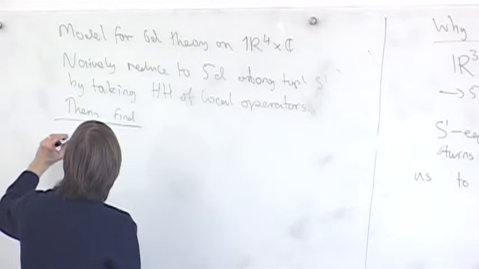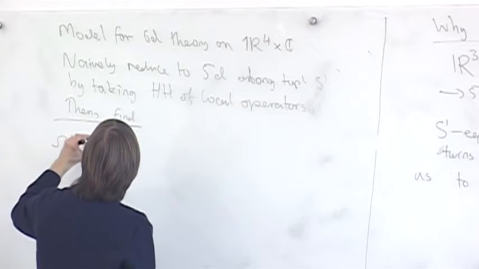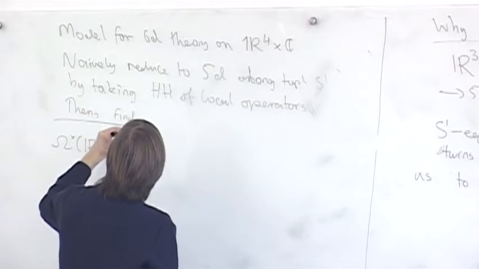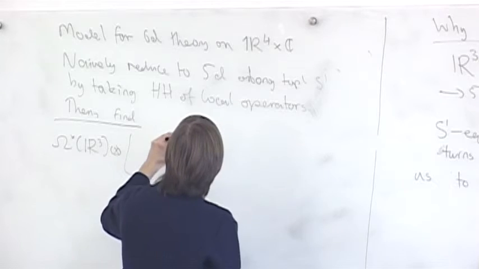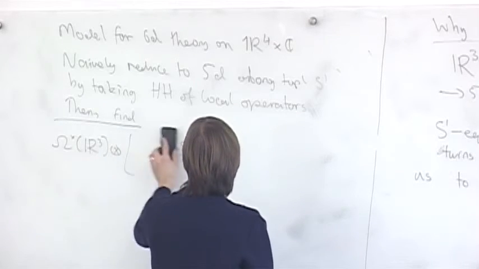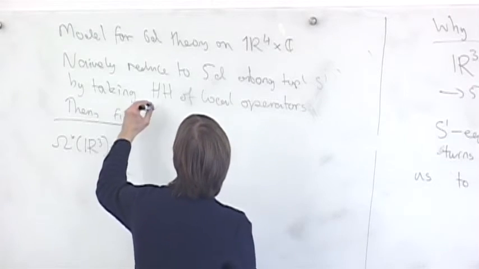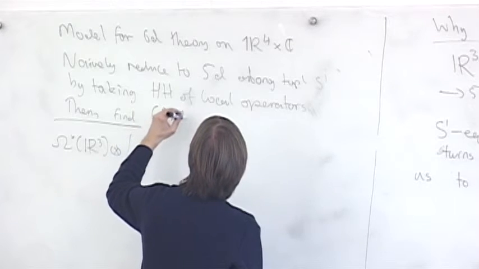Well, what do we find? We find omega star of R3 tensor this kind of Opers thing. Let's just do the abelian case, because the notation is simpler, but it works in general.